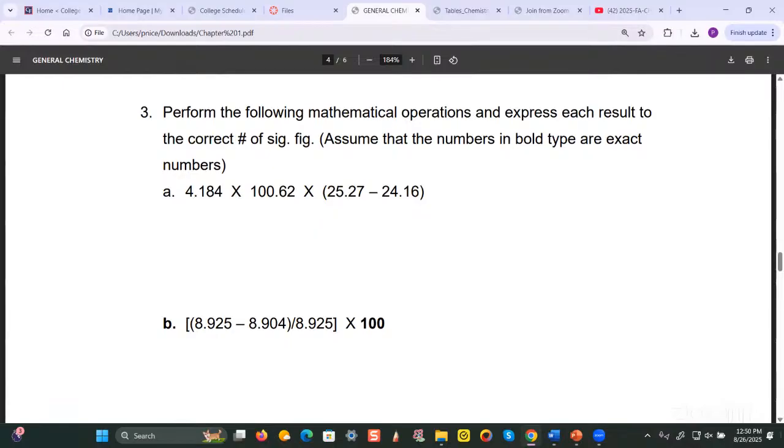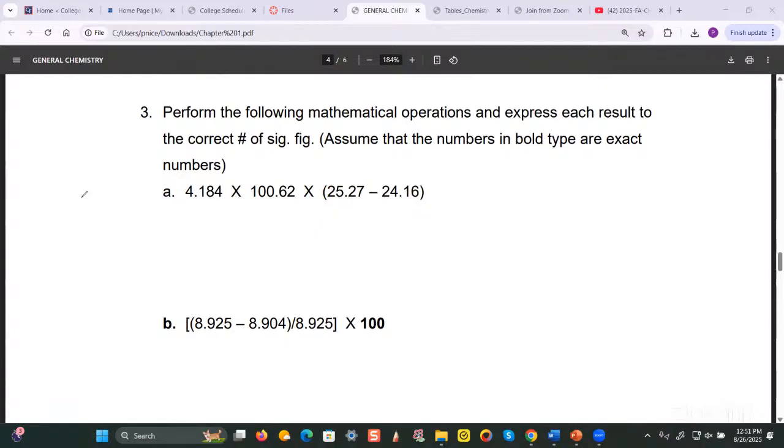Firstly, let's remind ourselves of the rules for rounding off. When you're multiplying and or dividing, you round off your answer to the lowest number of significant figures. But when you're adding and or subtracting, you round off your answer to the lowest number of decimal places. So that's the difference between those two.